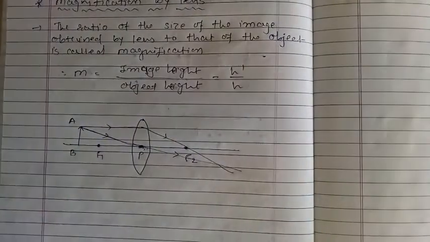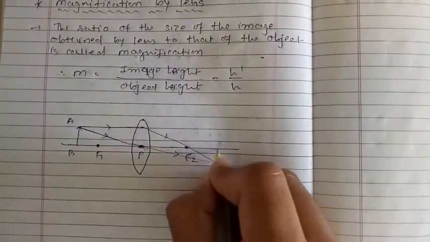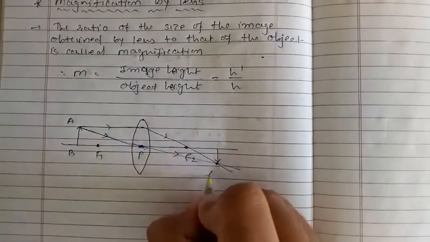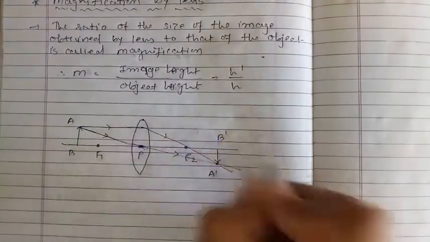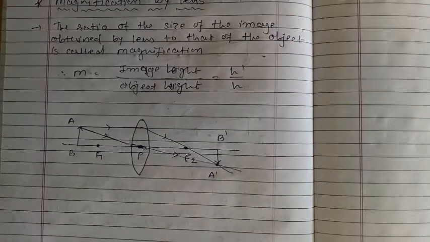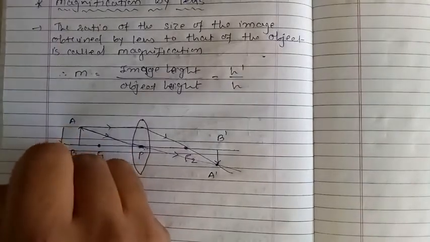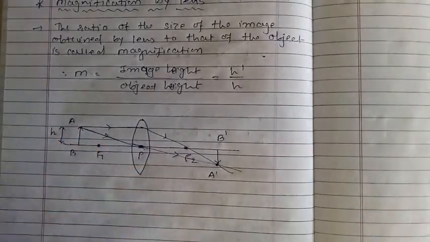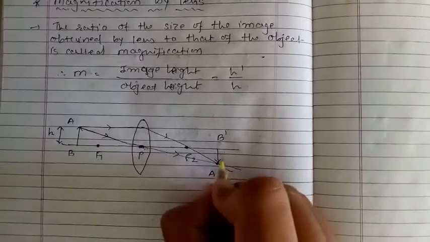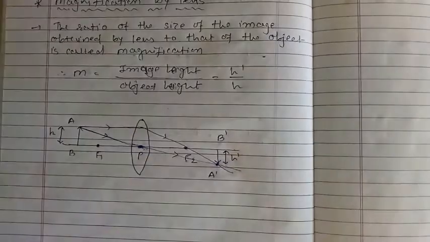Okay, so we can get the image of object AB, which is A dash B dash. Now this is the object, so object height AB is h, and this is the image height h dash, right?